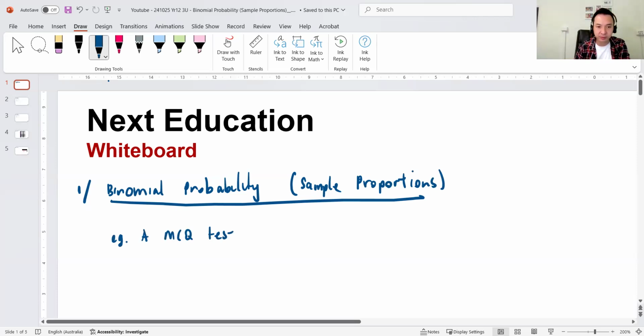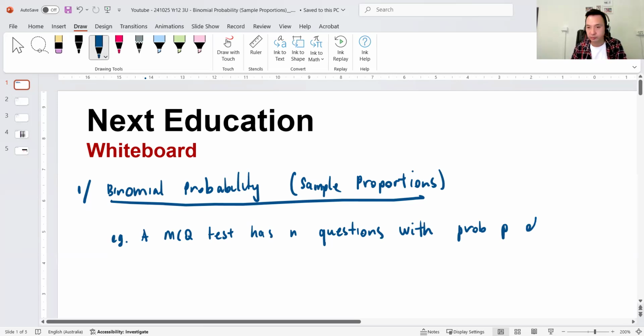So a test has n questions, where the probability, let's say P, is the probability of randomly getting a question correct.